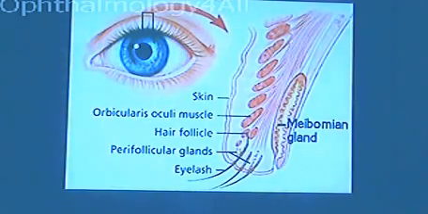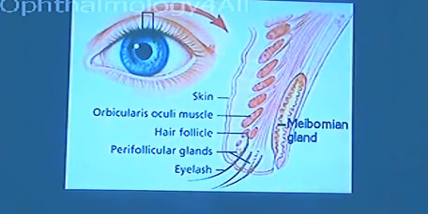Here you can see the cross section of the eyelid, where you are seeing skin, subcutaneous tissue, orbicularis oculi muscle, levator palpebrae muscle insertion, then tarsal plate containing meibomian gland.